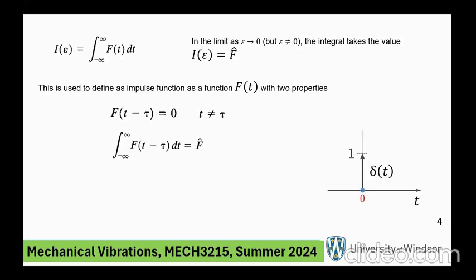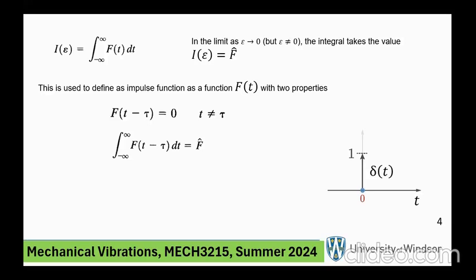This weird function, and it is a weird function because it is 0 everywhere except at that one location. For example, a location which, for simplicity, I took centered at tau equal to 0. This tau could have been anywhere. It's just that I took tau equal to 0 so that I can draw it like that. This weird function has 0 value everywhere except at t equal to 0, and at that point, it shoots all the way to infinity.